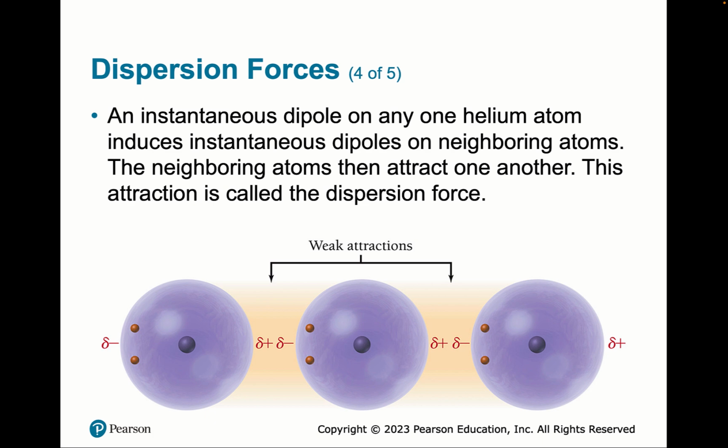And for certain things like the noble gases, this is the only type of bonding between them at this temperature. At lower temperatures, you can ionize noble gases and they can have covalent bonding, but that usually happens in places like the sun. We don't really see that here on Earth as much.